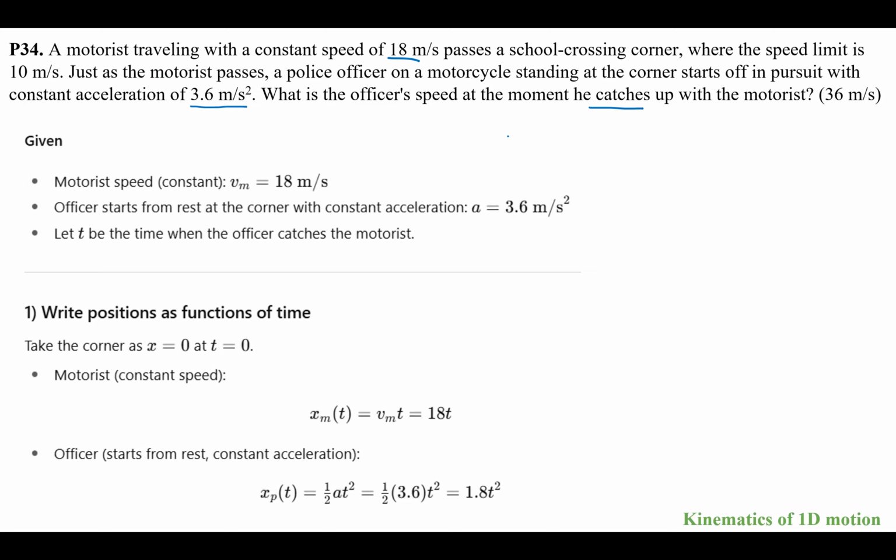So now we have two objects. Previously, we had only a single object. So we have a motorist, who has constant velocity Vm, which is 80 meters per second. And the officer has a constant acceleration, a.